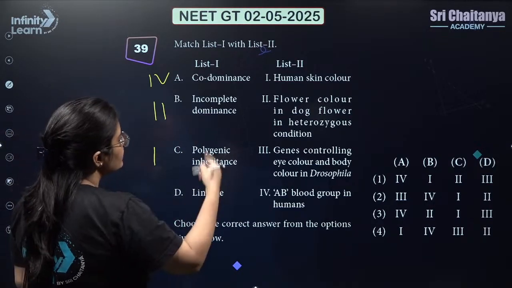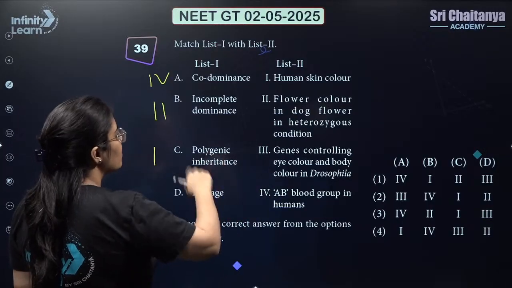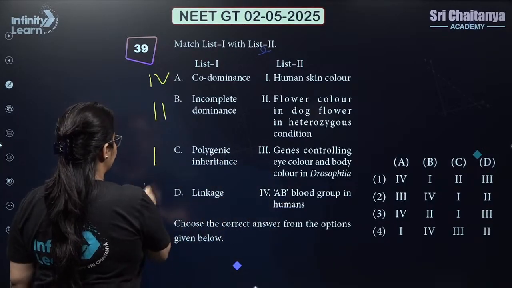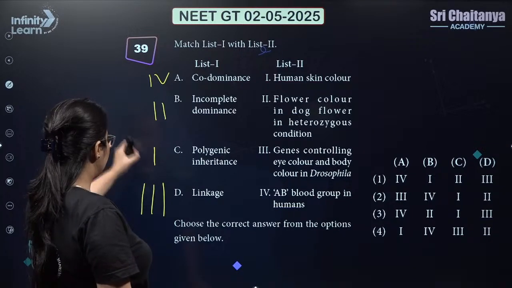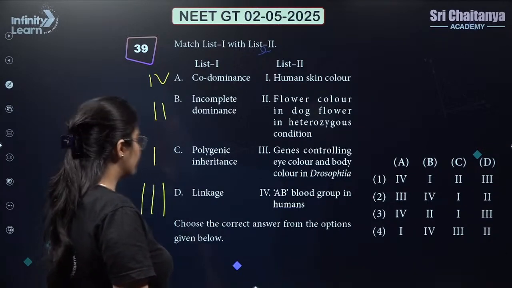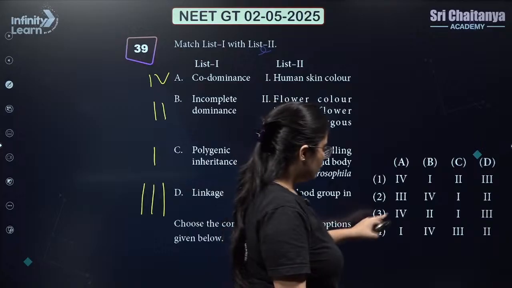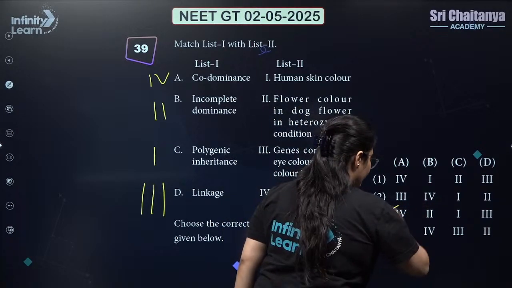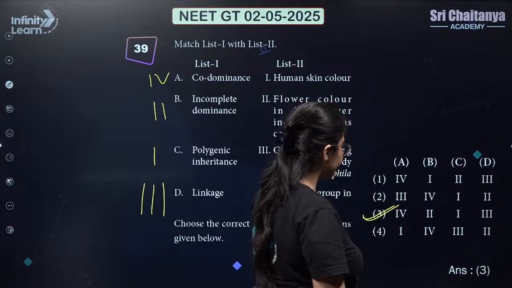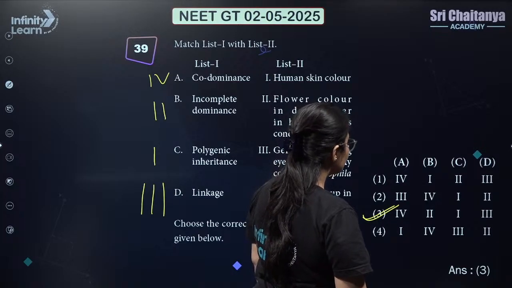Linkage, genes controlling eye color and body color in Drosophila. So 4, 2, 1 and 3. So 3 should be your right answer.